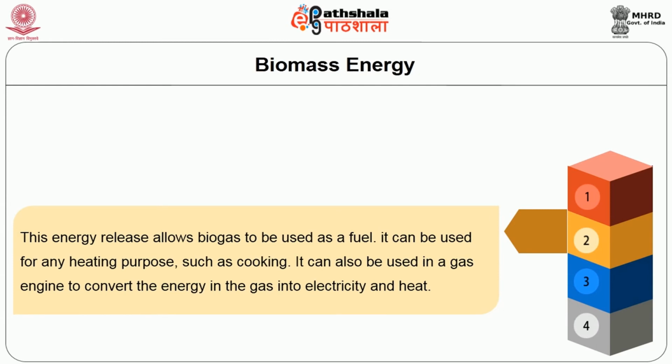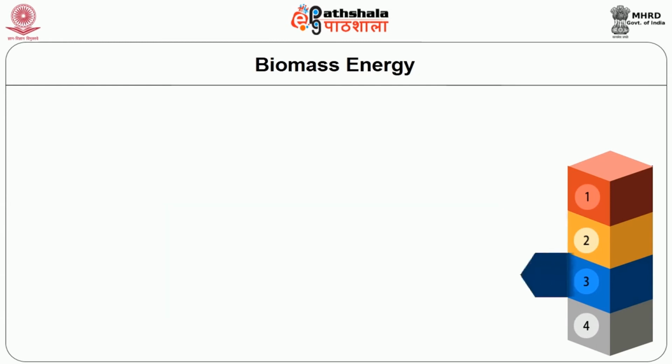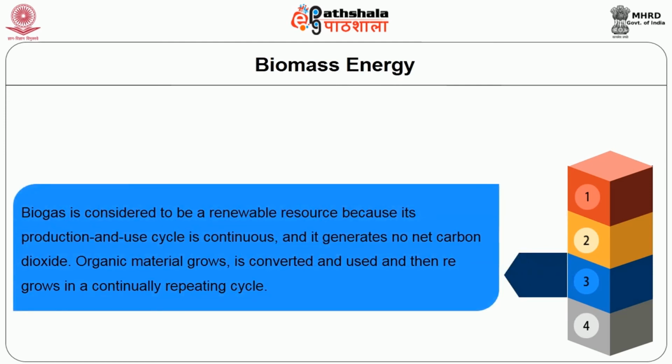Biogas is considered to be a renewable source because its production and use cycle is continuous and it generates no net carbon dioxide. Organic material is converted and used and then regrows in a continuously repeating cycle.